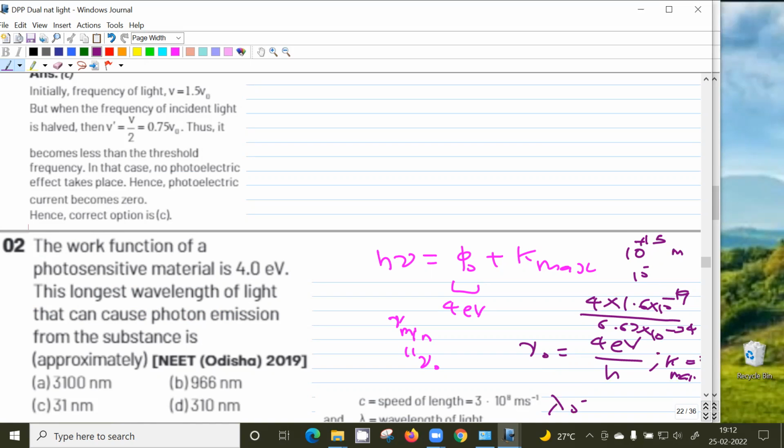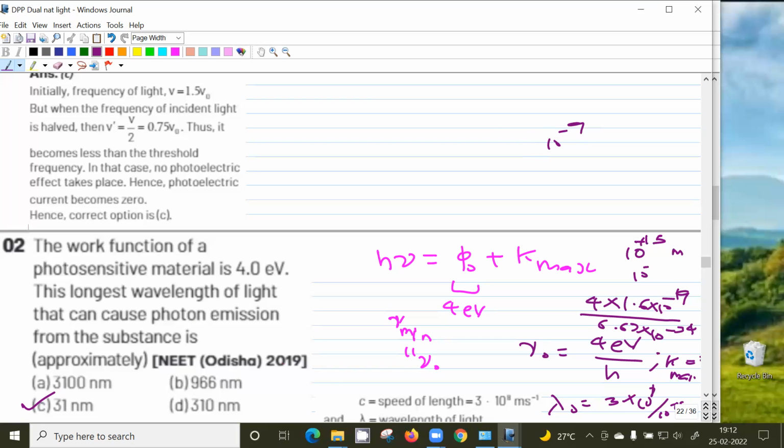So lambda naught will be 3 into 10 raised to 8 divided by 10 raised to 15. So that is 10 raised to minus 9. So do it properly.